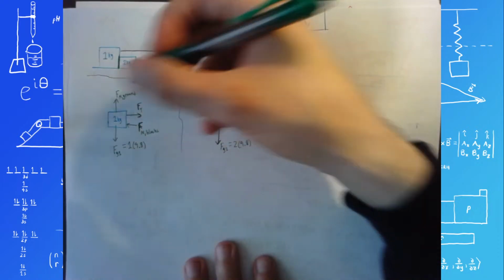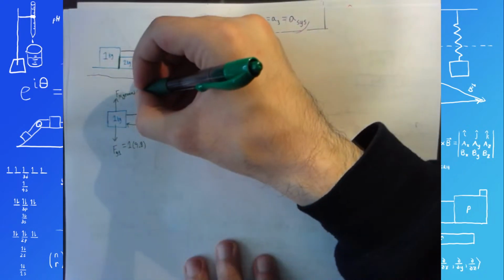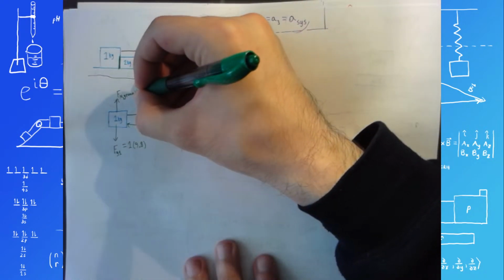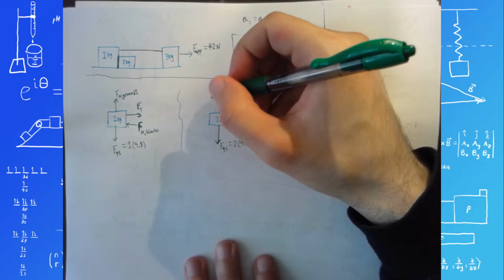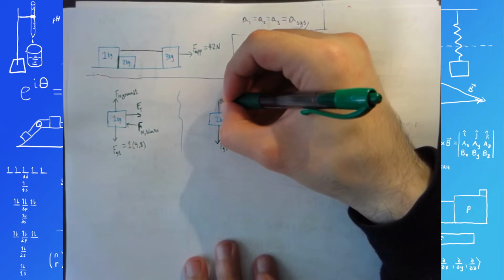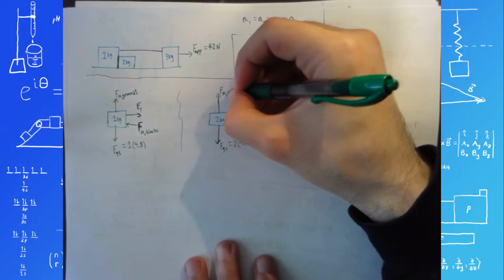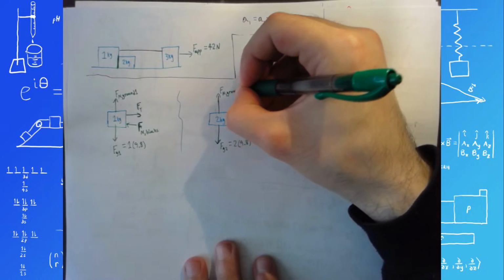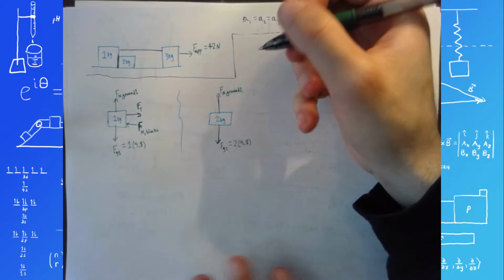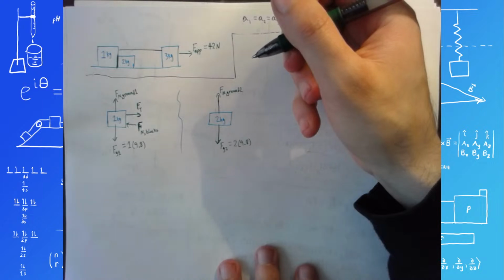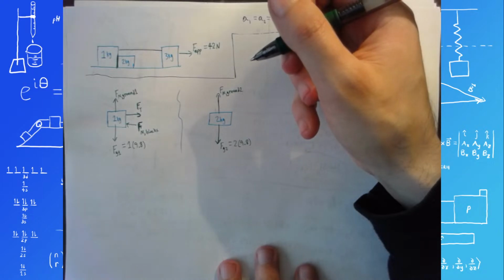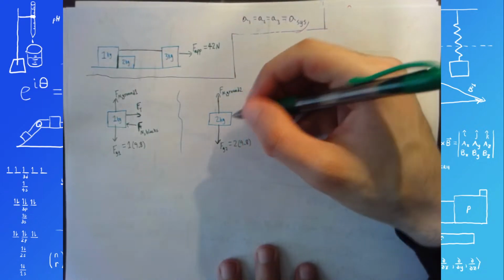It's not going to be the same as this, so I guess I should call this normal force ground 1. And I'll call this normal force ground 2. I don't like how I named this, but it's fine.